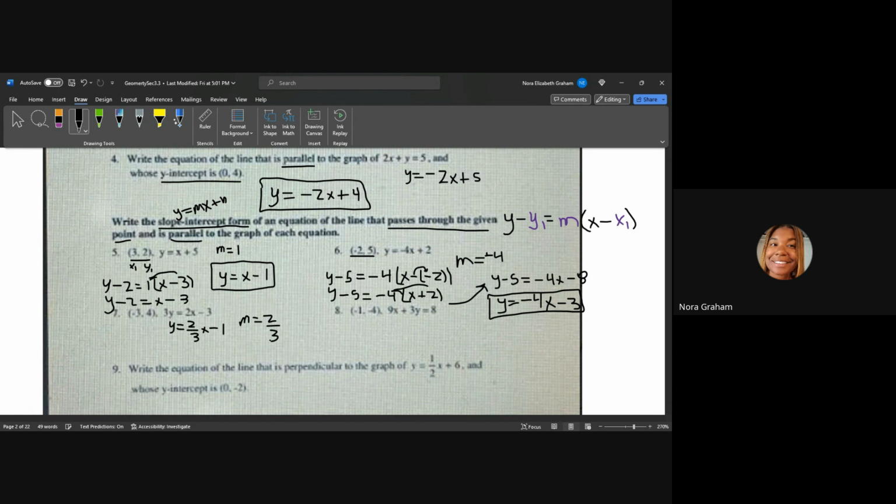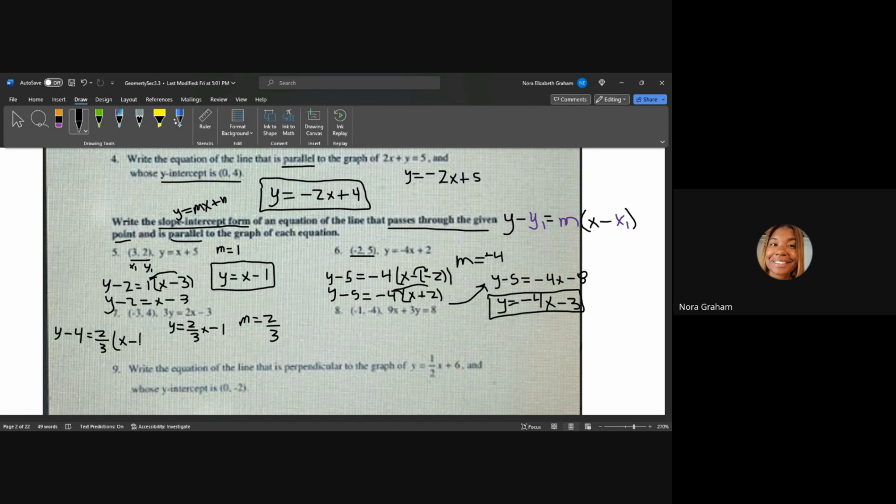And now I can use my point slope formula to find the rest. All right. So then I would have y minus 4, using this point right here that they give us, equals 2 over 3, in parentheses, my x minus -3.